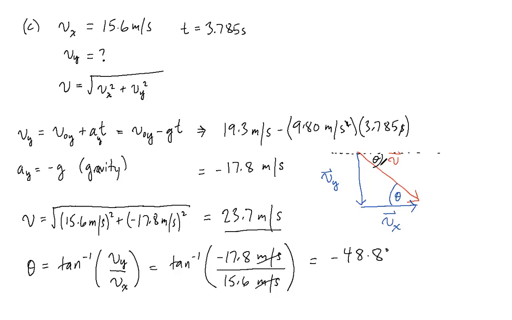Whenever you go clockwise, it's negative. If you go counterclockwise, it's positive, right? That's our angle convention. So there's your angle. And that pretty much wraps up your practice exam.